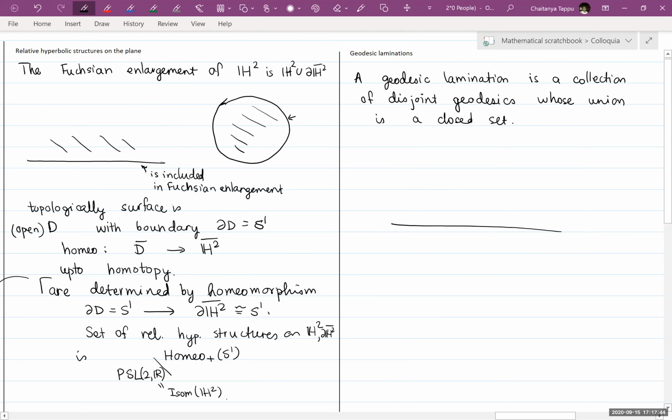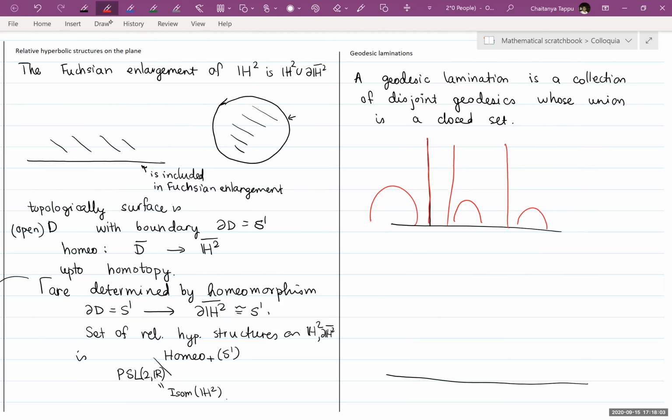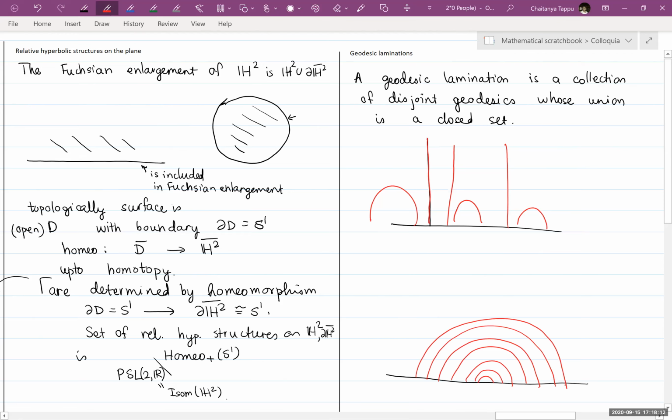So, for example, you could just take a finite collection of geodesics that are not intersecting. Another example, which can be slightly unnerving if you've seen surface diffeomorphisms before, is just all the geodesics that are parallel to a fixed geodesic.